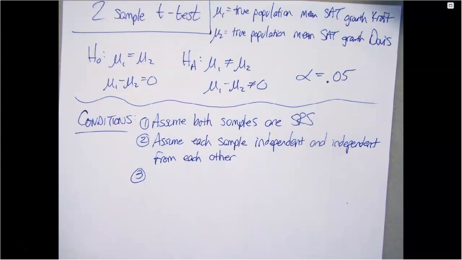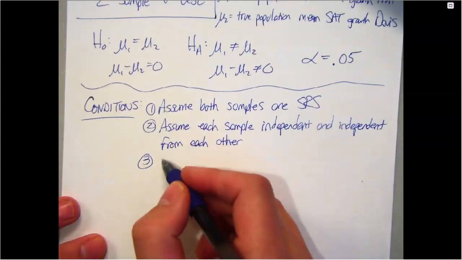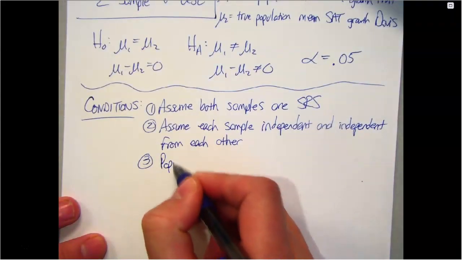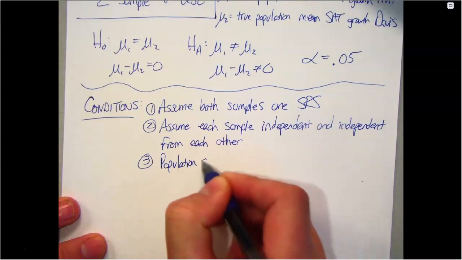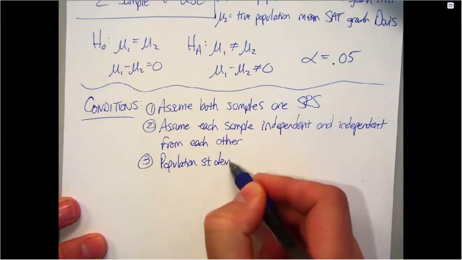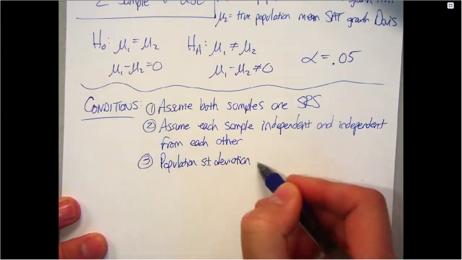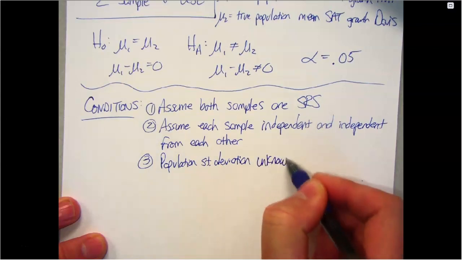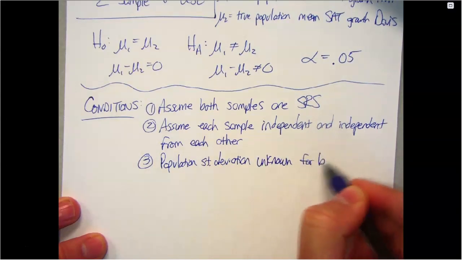That's like the n is less than 10% thing, but they don't usually ask that when it's a 2-sample for whatever reason. What else do we got? There's 2 more. It's on the sheet. Population standard deviation unknown for both.